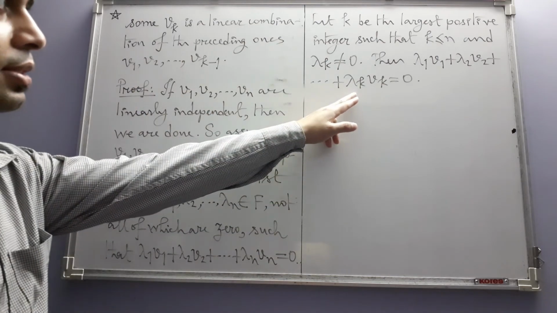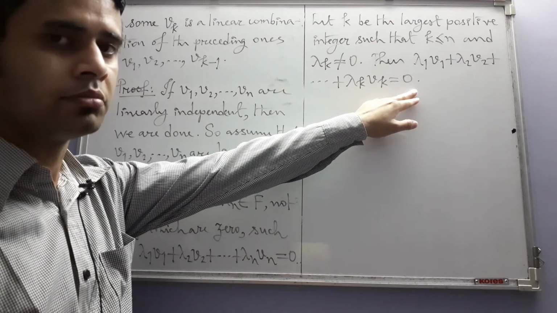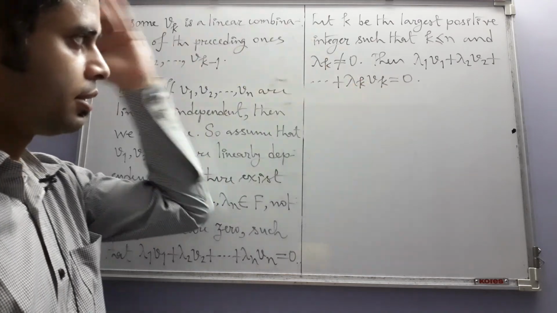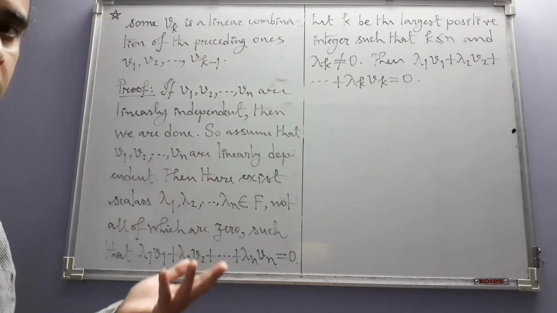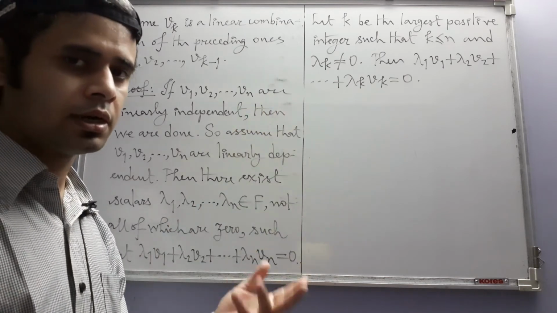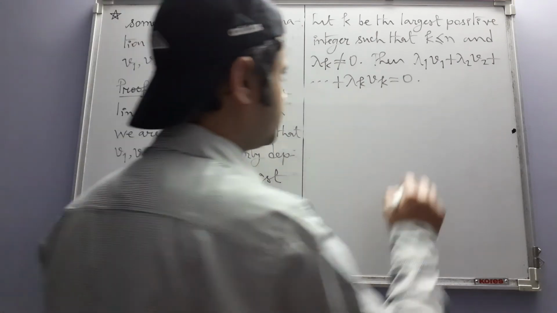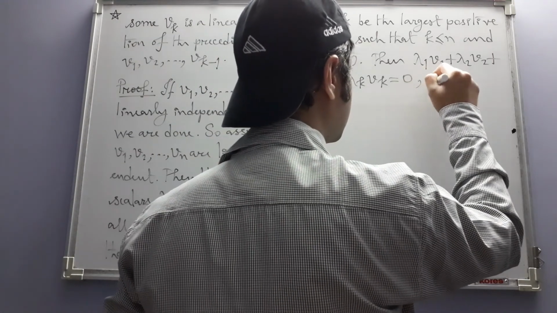If k is actually less than n, then the terms after this term don't appear, because the lambdas whose subscripts are greater than k are 0, so those terms vanish.